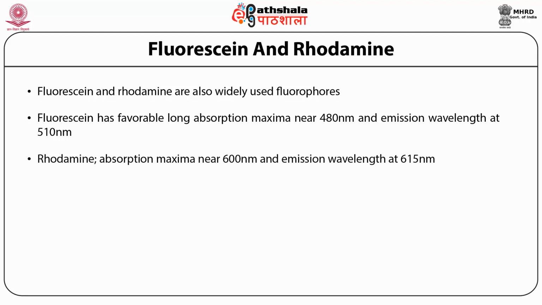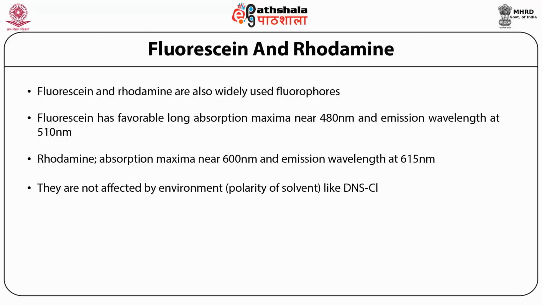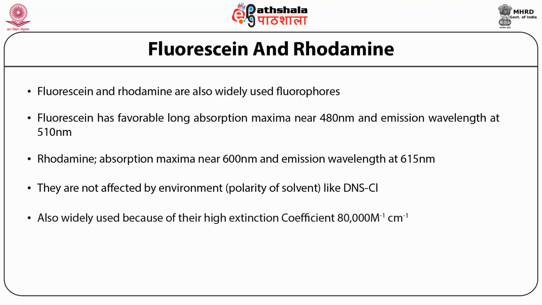The rhodamine absorption maxima near 600 nanometer and emission wavelength at 650 nanometer. They are not affected by environment, that is polarity of solvent, like dansyl chloride. They are also widely used because of their high extinction coefficient, which is around 80,000 per mole per centimeter.